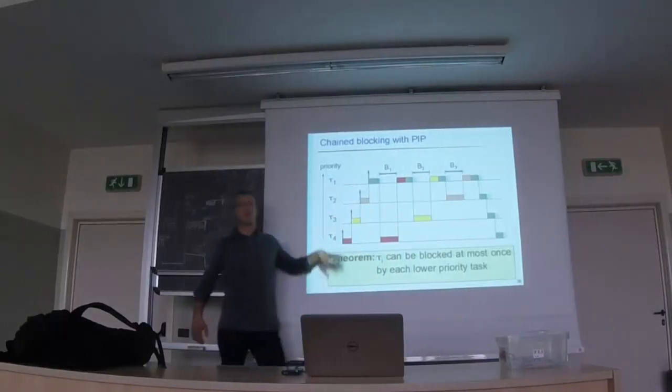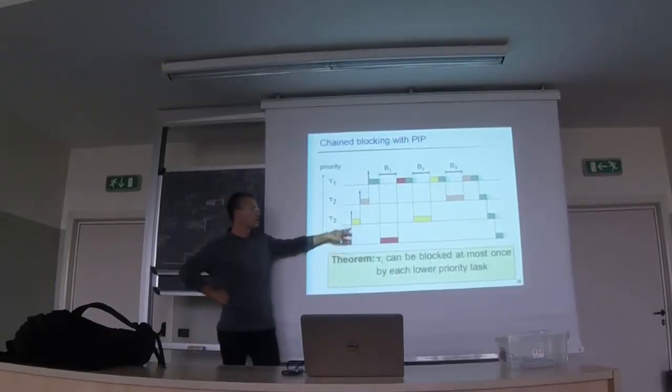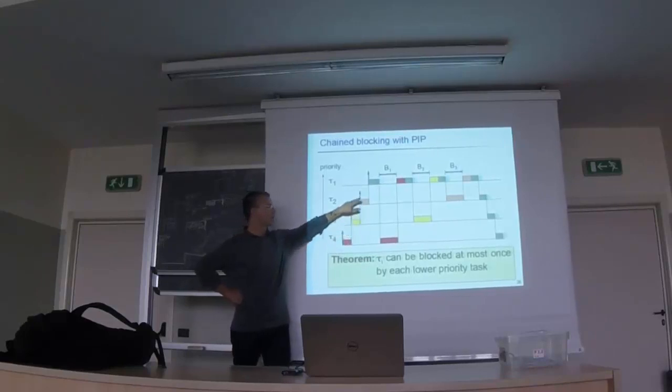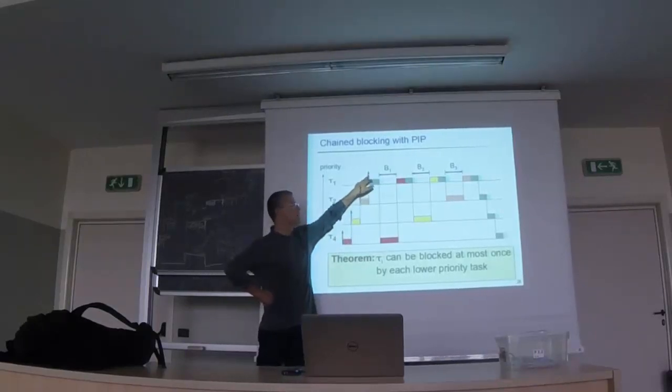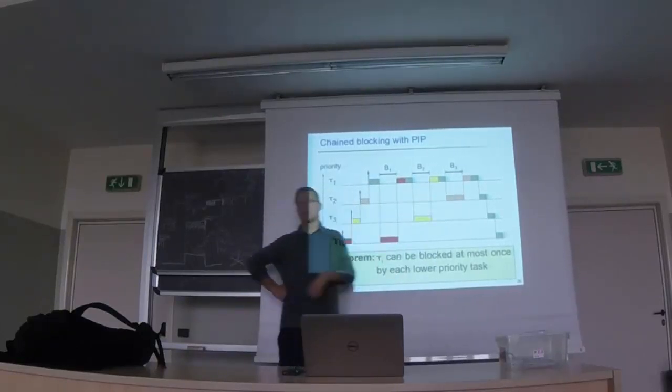This is a perfectly feasible scenario. So tau 4 locks a resource, gets preempted, locks a resource, gets preempted, locks a resource, gets preempted. When the high priority task starts, it can be blocked here, here, and here again, you see?